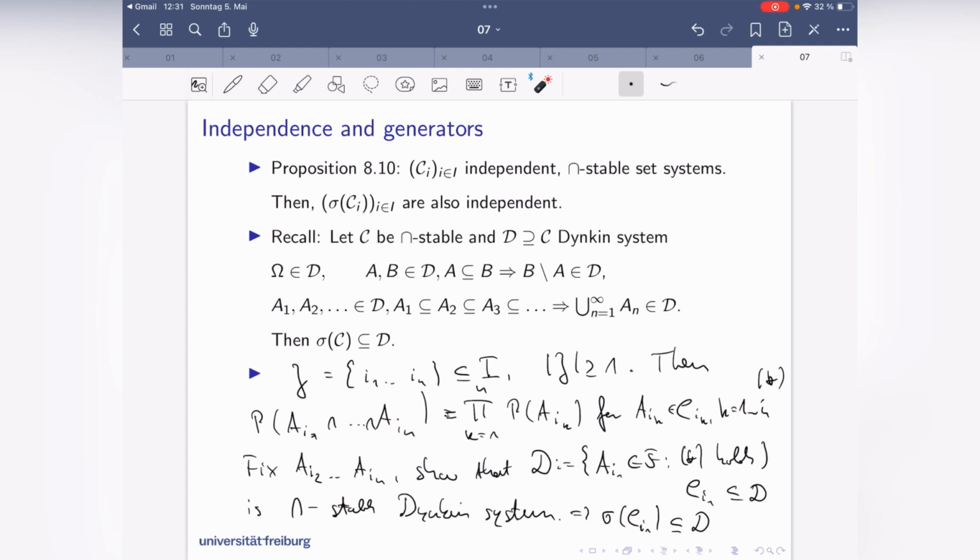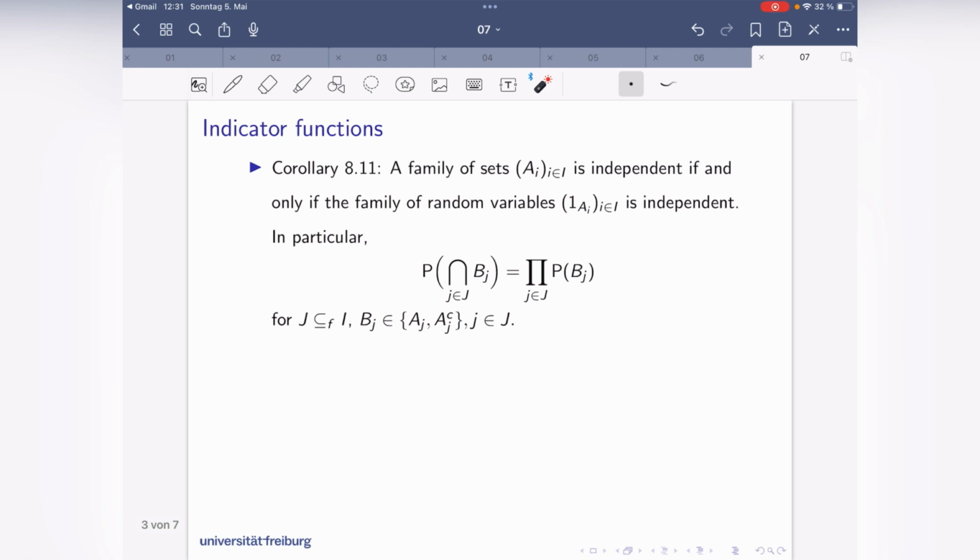Okay, that was important. And there is a very easy corollary, which is sometimes proved also in a basic probability lecture, but there it's more done by foot, I would say. And here it's rather direct.